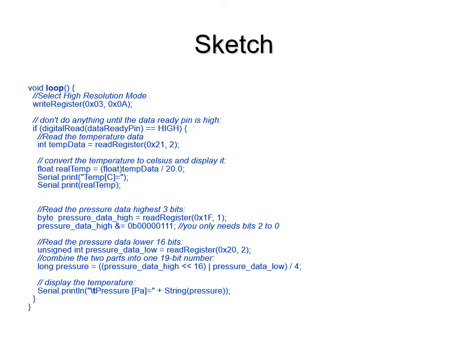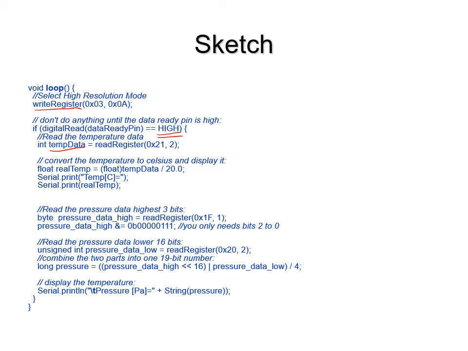Now here we have the loop function. Again, we set the mode for the sensor to high resolution mode. And then you check whether the data is ready, so that when it is high, it will read a register and put it into the temporary data.